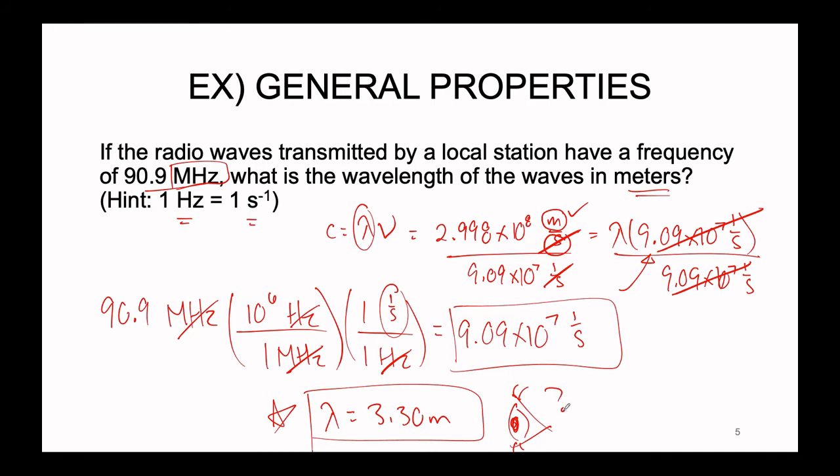The answer to that question is the wavelength of light is actually too big. It's not a physical object that we're seeing, it's a piece of energy. In order for our eyes to be able to process a wavelength this large, they would have to be the size of a satellite dish.